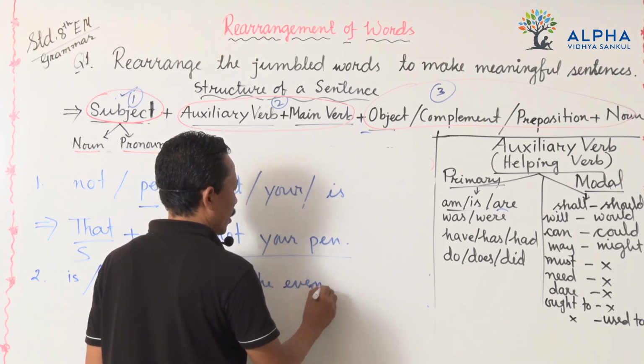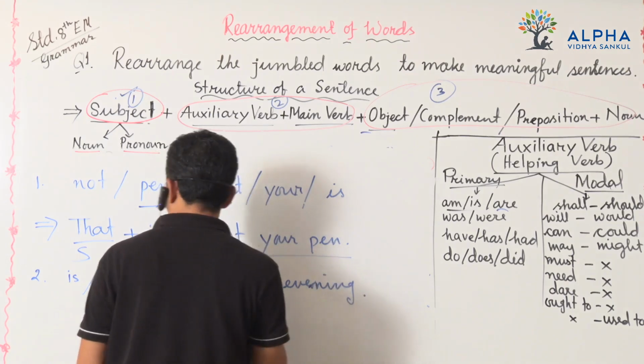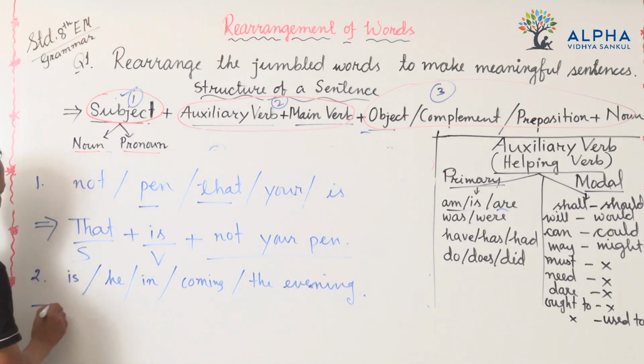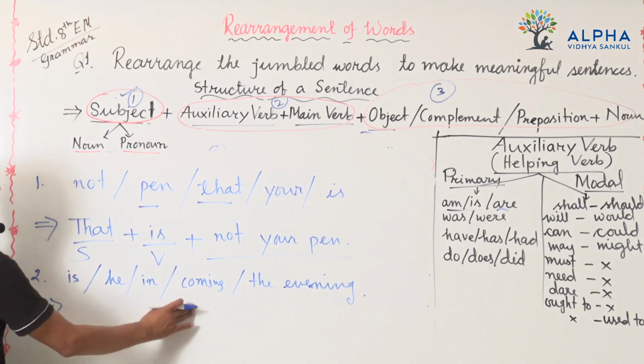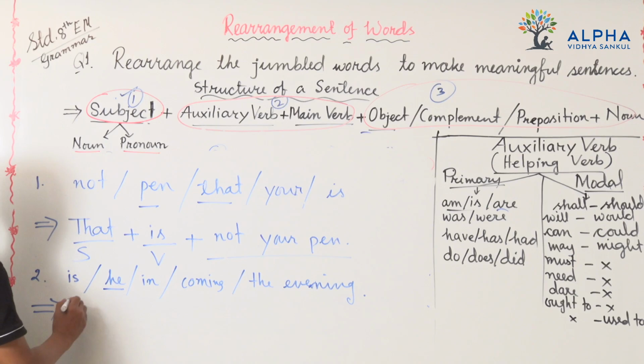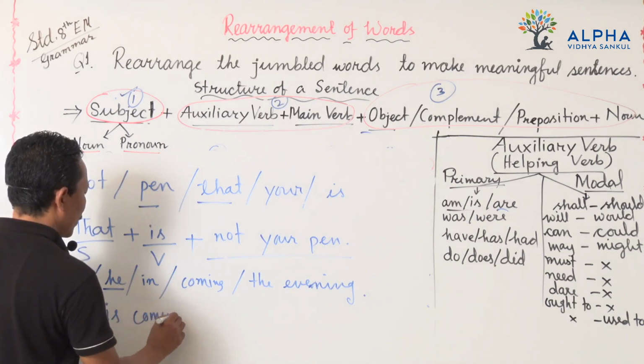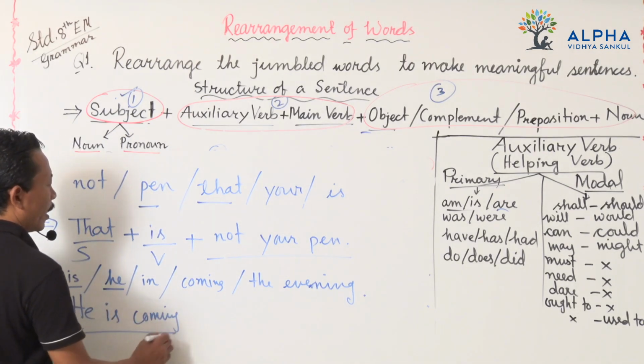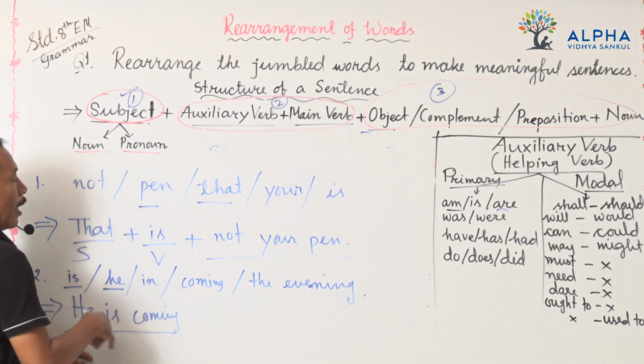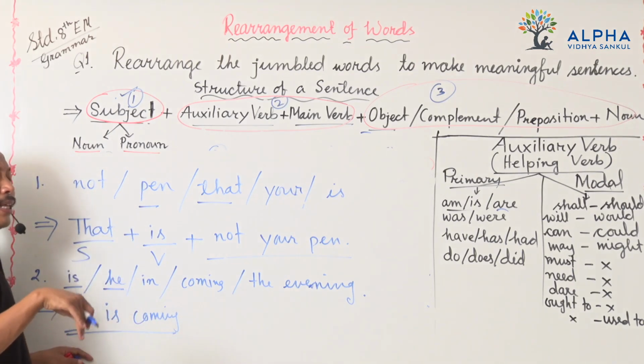Evening, yeah. Here the subject is he. Verb is auxiliary verb, and the main verb is coming. He is coming. When is he coming?